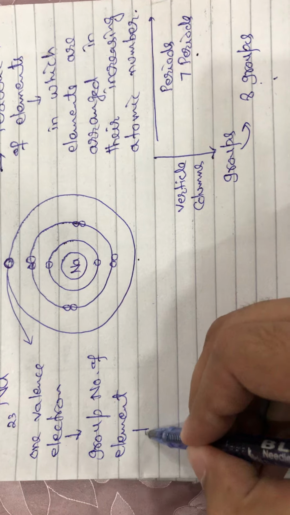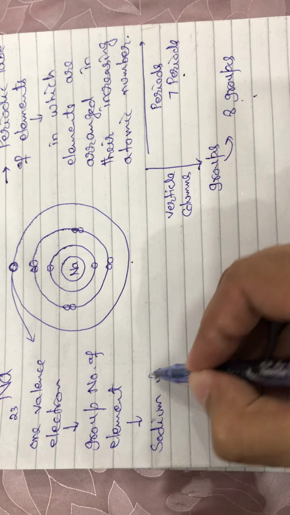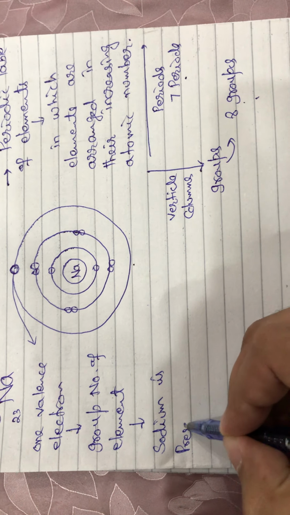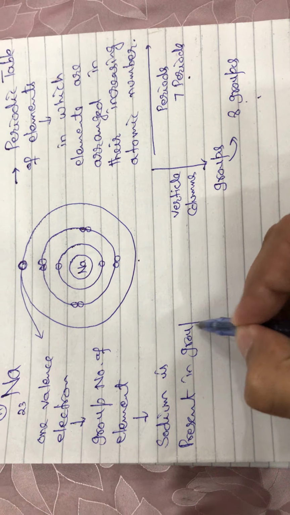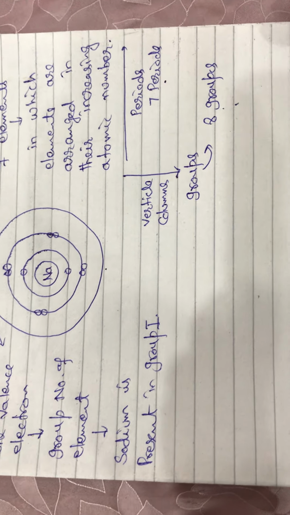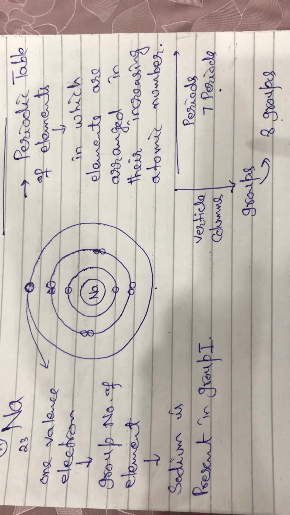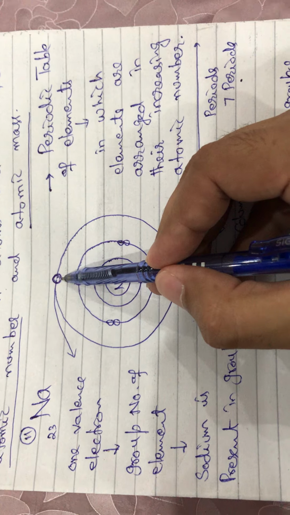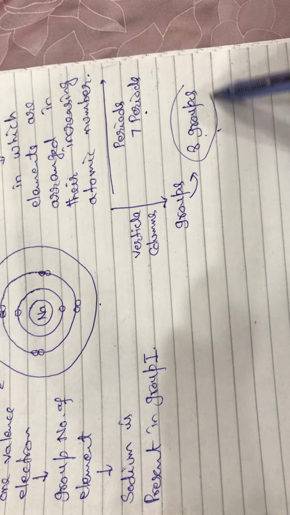It means that sodium is present in group 1 of the periodic table. So over here we have found that there is a relation between valence electrons and the group number.